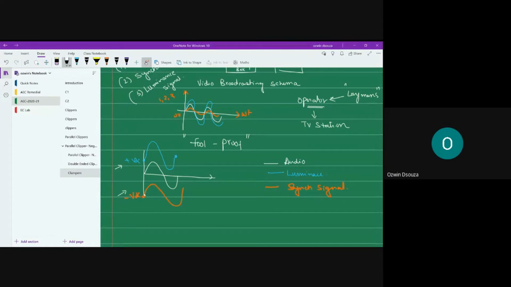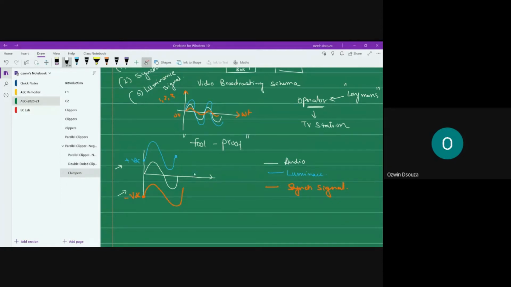Whenever there is a syncing issue, the layman just has to track the plus VDC and minus VDC level and communicate it to the station master, who will correct the signals. What you have understood from this practical explanation is that by shifting the waveform, you can achieve something known as foolproofing in broadcasting.